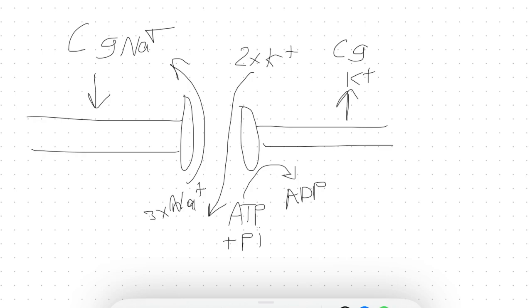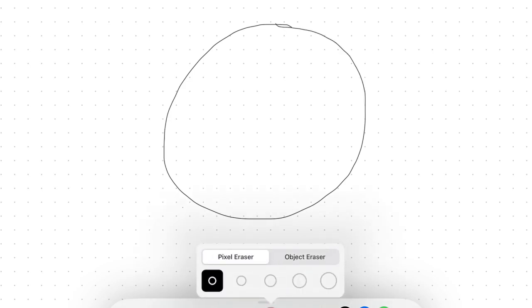A big part of ion movement is through the use of protein channels that we discussed in the last video. As a reminder, we have our gated channels, which are closed until they are activated, and our leak channels that are just open most of the time. The one I want to focus on here is the voltage gated channels.